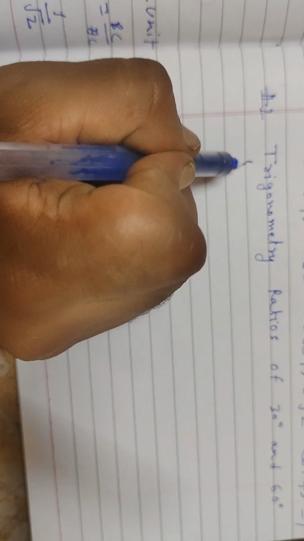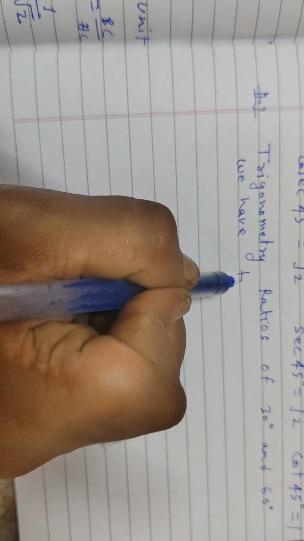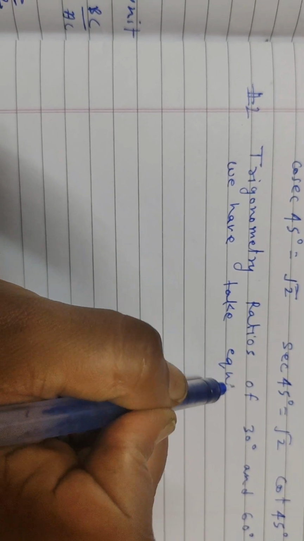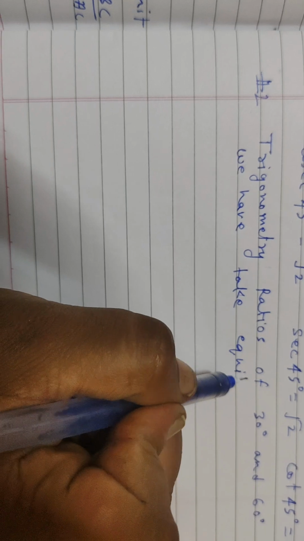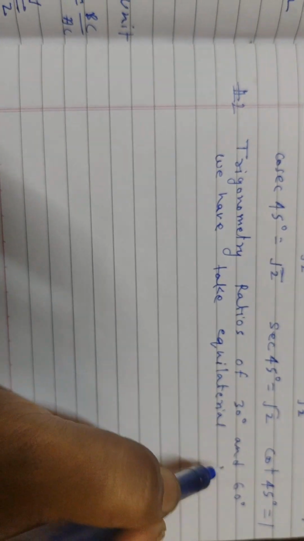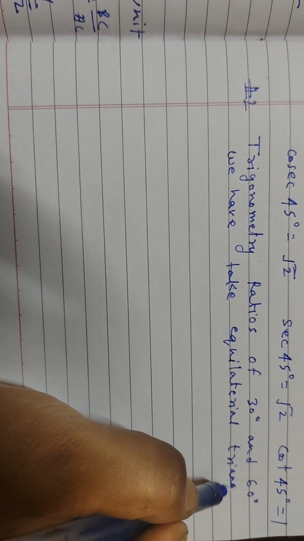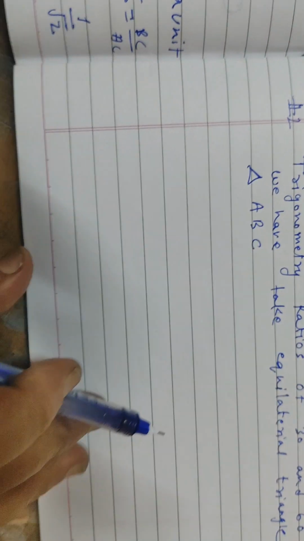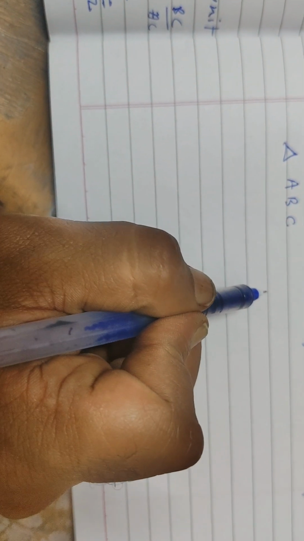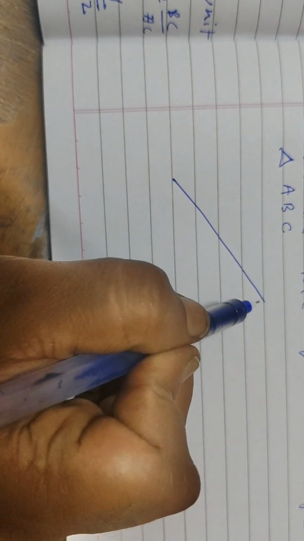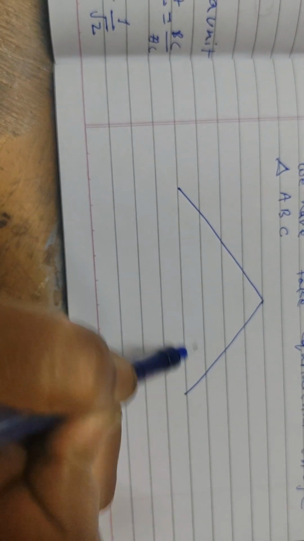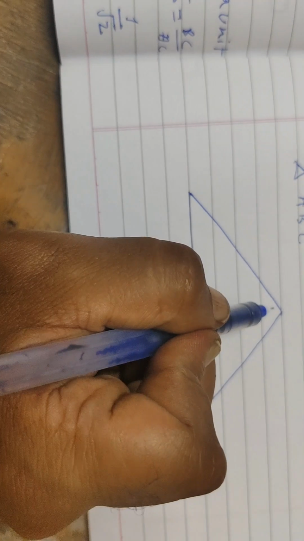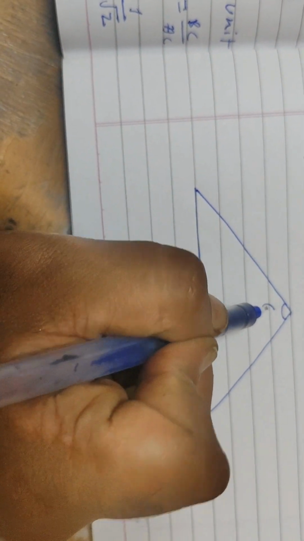So we take an equilateral triangle A, B and C. Here this is an equilateral triangle. Each angle is 60°.